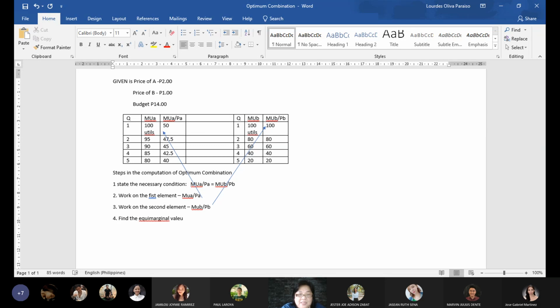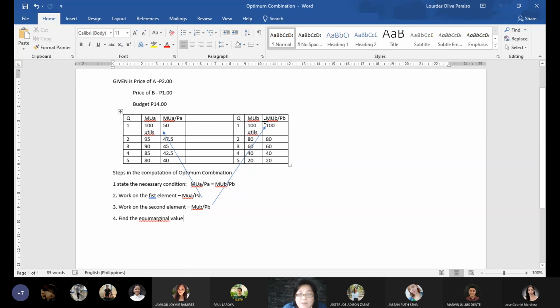When you find the equimarginal value, you have to look at your table and what is common to both your good A and your good B. Okay, this is your 50. Does it have a combination in here? 47.5, does it have something here? 45, do you have the same satisfaction level in here for 45? 42.5, do you have it?